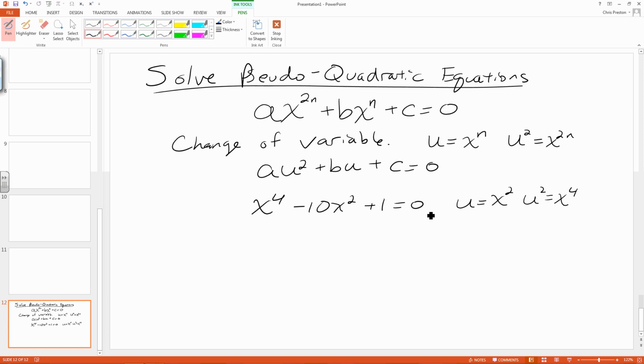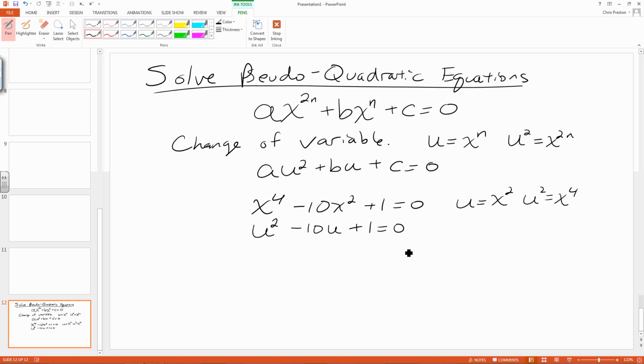So I could rewrite this equation as u squared, try to make it a quadratic, u squared minus 10u plus 1 equals 0.